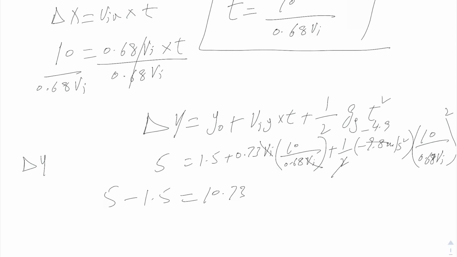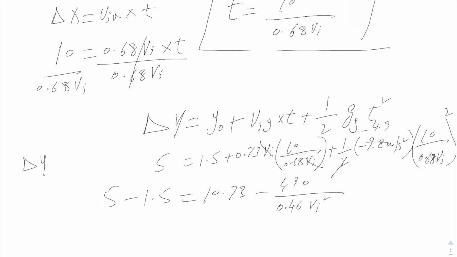which is negative 490 over the square of 0.68. When you take this, it will be 0.46, and then we have the square of the initial velocity, so that will be Vi square.